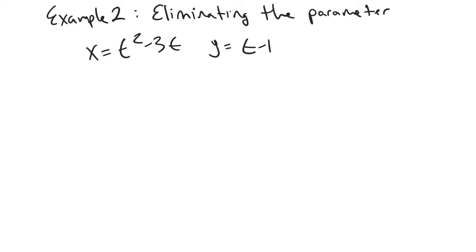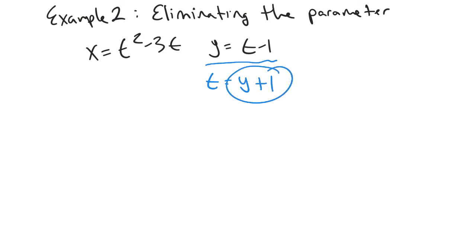The way this works is very similar to solving a system. I just want to somehow get rid of the t. So I want to find the easiest t that I can solve for, and in this problem, it's from my y equation. So I would get that t equals y plus 1 just by adding 1 to both sides, right?